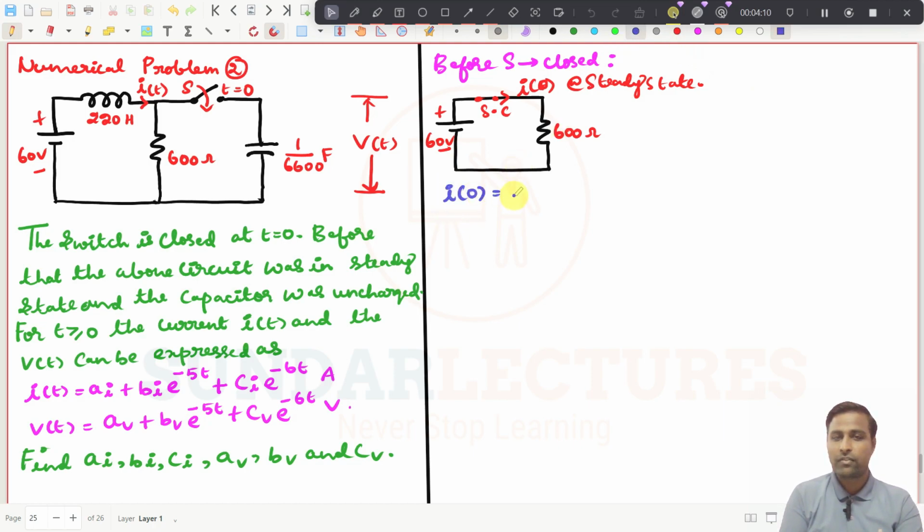So I of 0 will be equal to 60 divided by 600, and if I cancel out, it will be 0.1 amperes. That is given. And you see the other condition. At steady state the capacitor was uncharged, and if the capacitor was uncharged, then V of 0 will be 0.